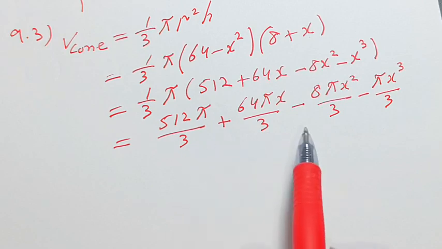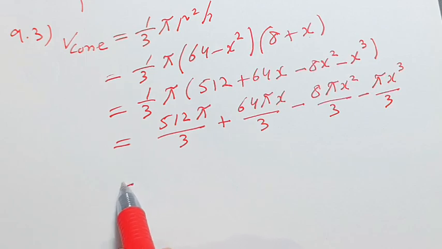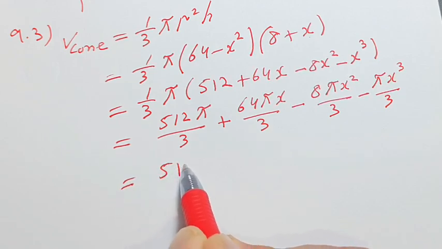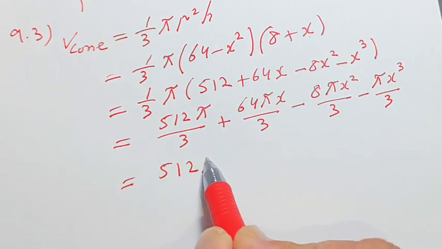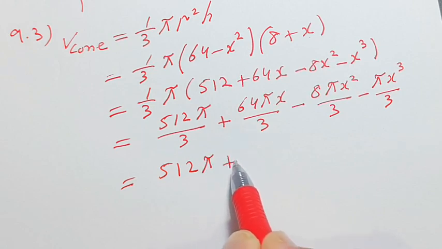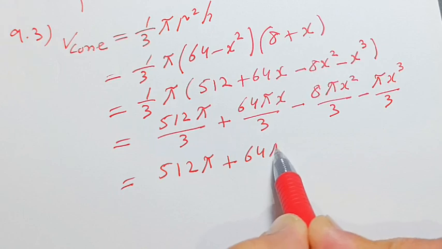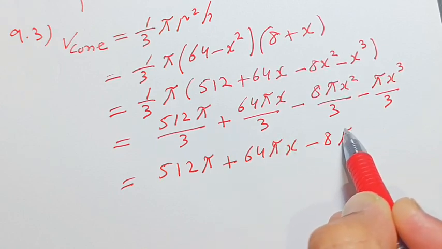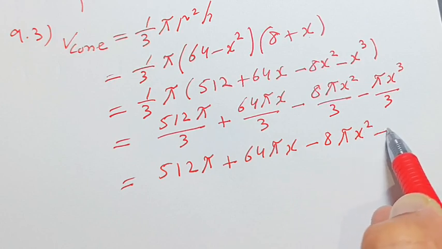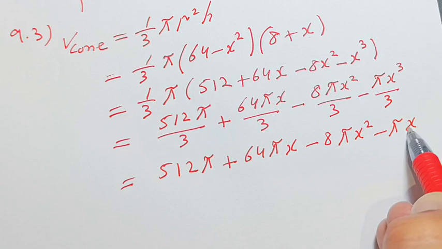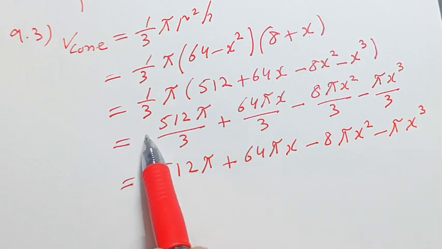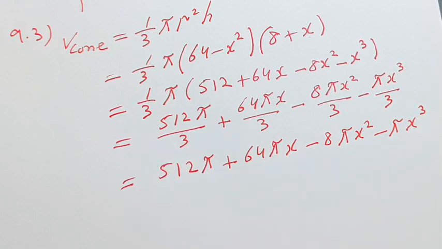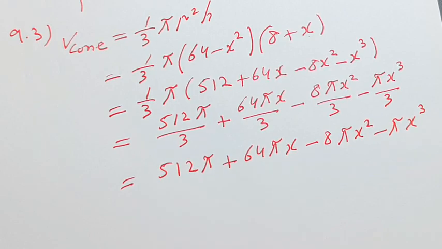So we're left with 512 pi plus 64 pi x minus 8 pi x square minus pi x cube. But remember, when you multiply, the 3 and 3 cancel, numerator and denominator.